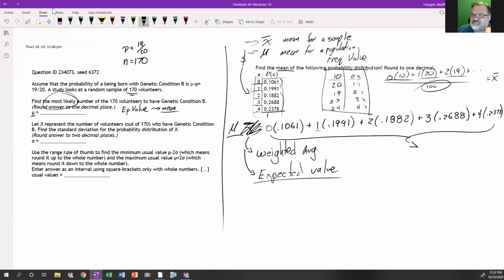When we are representing something from a sample, we use the Roman letters, S and X bar and so forth. When we're doing a population, we use Greek letters, mu, and instead of S, sigma, excuse me, for standard deviation.